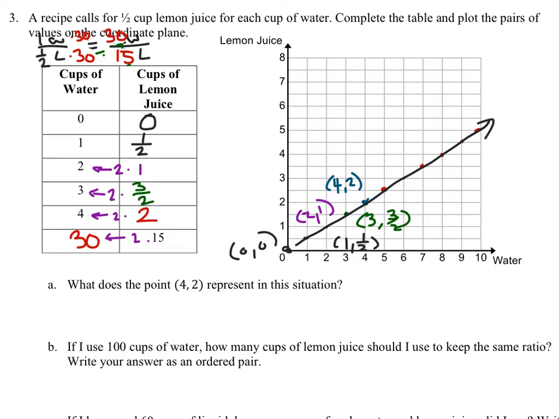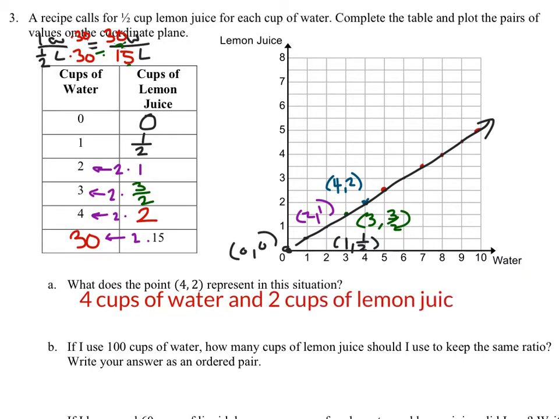So what does the point 4, 2 represent? Yeah, and we can see that in the table, right? 4 cups of water and 2 cups of lemon juice. But what if I use 100 cups of water? How many cups of lemon juice would I need to keep the ratio the same? 50, yep.